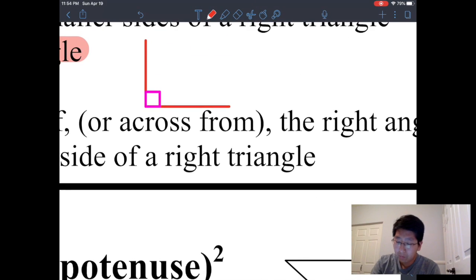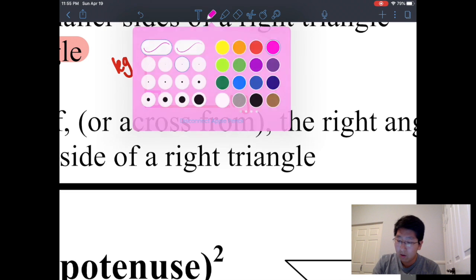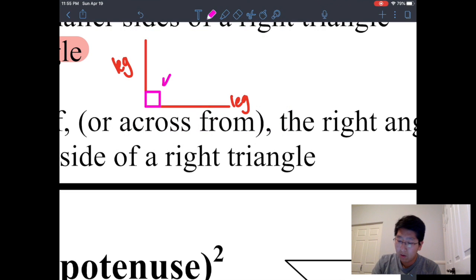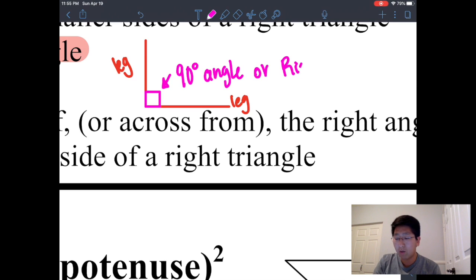So here, this is a leg, and this is a leg. These 2 form the right angle, and this right here, I'll write in pink, means a 90-degree angle or a right triangle.